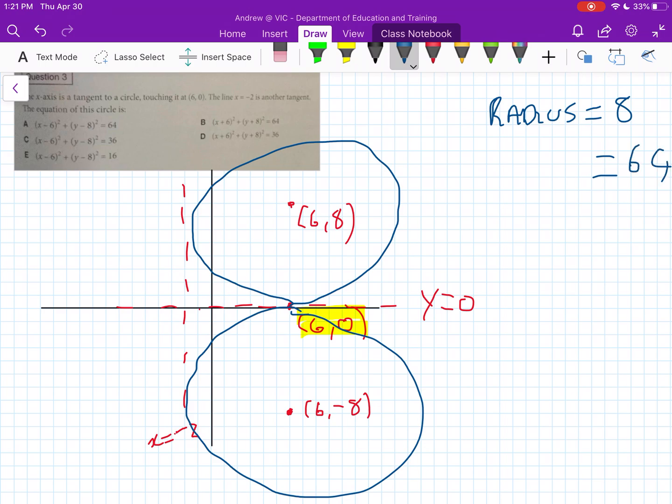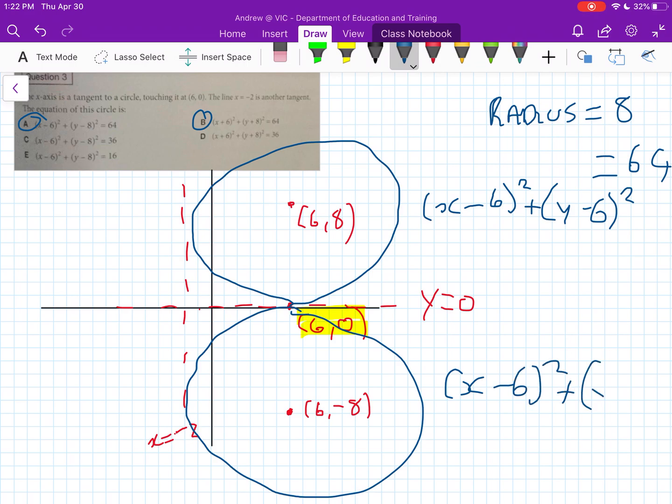So that means it's either A or B. Now we need to look at our x and y values here. So for this one it would be (x - 6) squared and (y - 8) squared, because it's positive 6 and positive 8, while this one here will be (x - 6) squared plus (y + 8) squared.